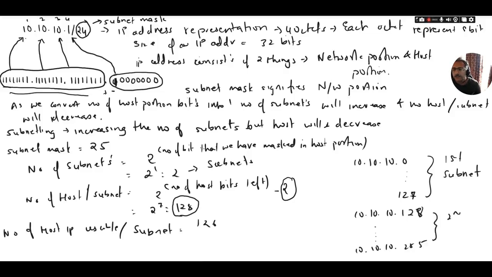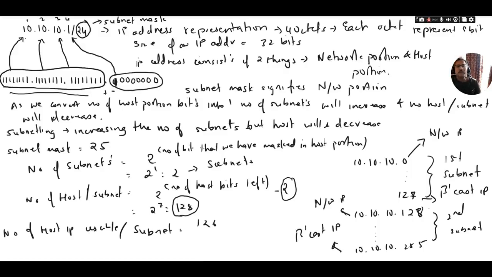This is your second subnet. Each subnet has 128 IPs, but the first IP is the network IP and the last is the broadcast IP. Similarly here, this is the network IP and this is the broadcast IP. This is how you do subnetting.